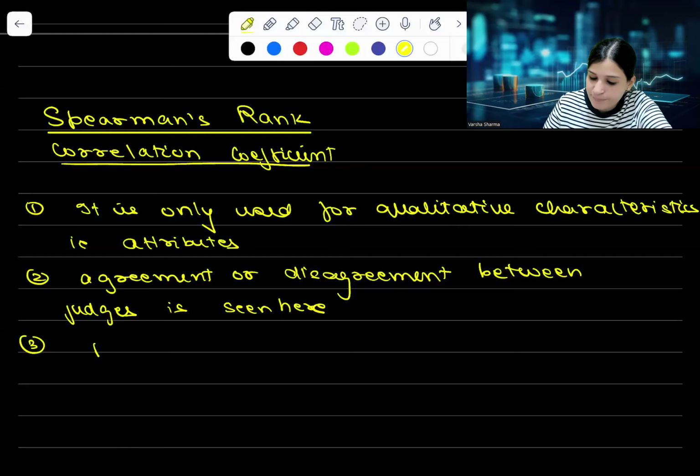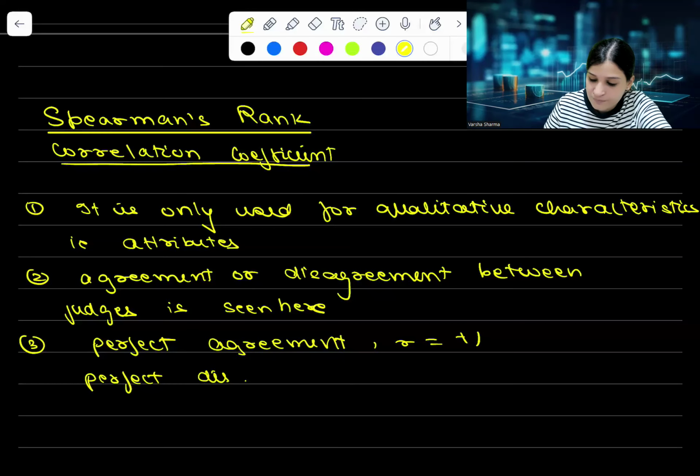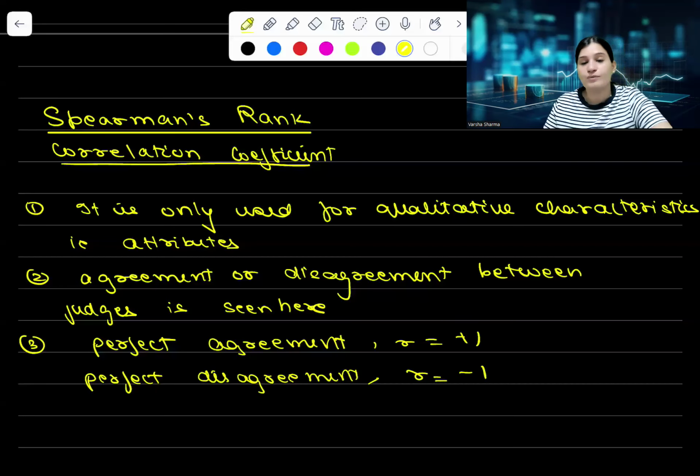If there is a perfect agreement, both of them have given the same ranking, then R will be +1. Perfect disagreement: if one has given the first rank, the other has given the last rank, so R will be -1.